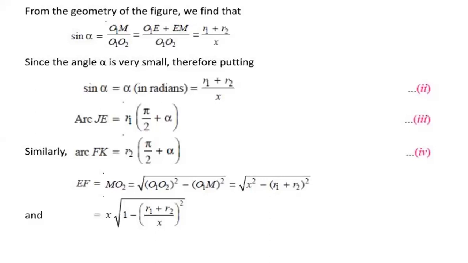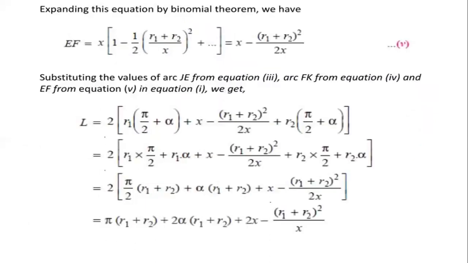So on the whole we take x into root of 1 minus R1 plus R2 by x whole squared. Then expanding the equation by the binomial theorem, we find EF is equal to x into 1 minus 1 by 2 into R1 plus R2 by x whole squared plus so on.